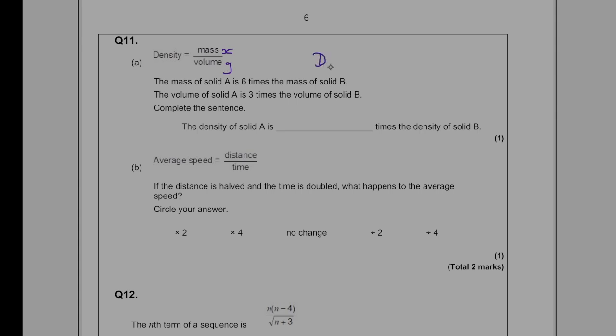So the density of A then. So the mass, that would be 3x over, if we assume the same volume for now.